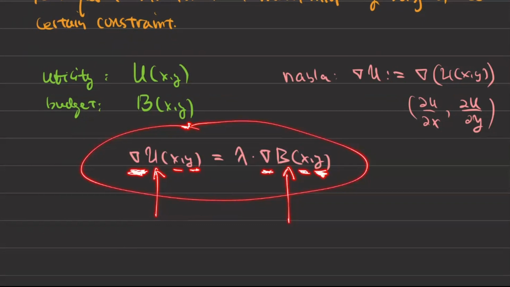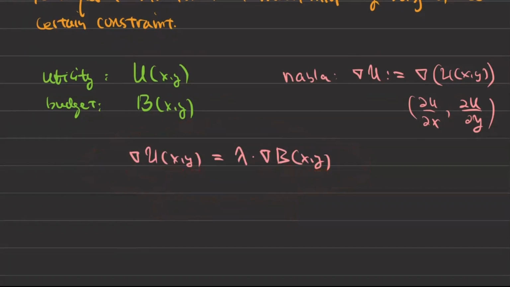So in other words, on the left-hand side, we're talking about the change of utility. And on the right-hand side, we're talking about the change of budget. Whatever magical pair of x and y, at x, y, let's call it star, right?